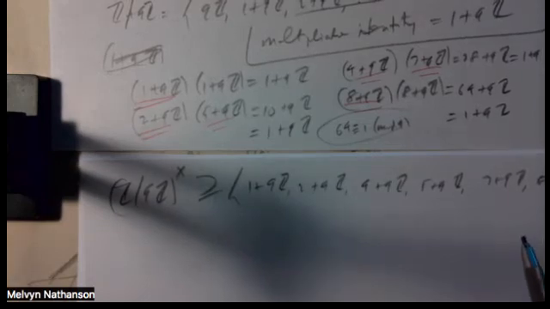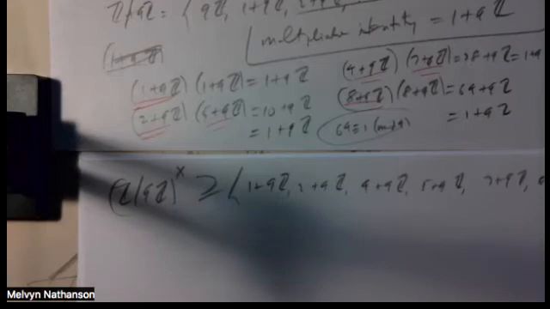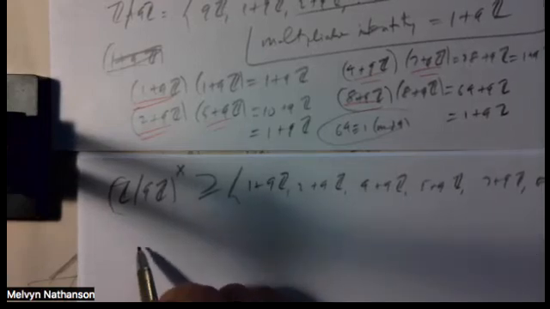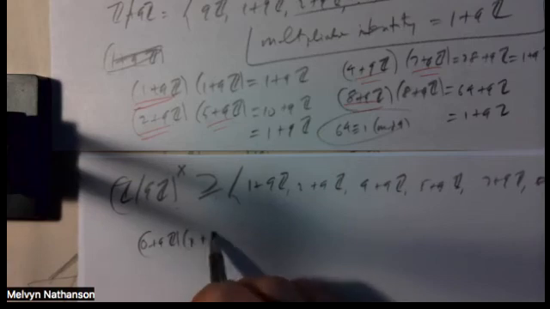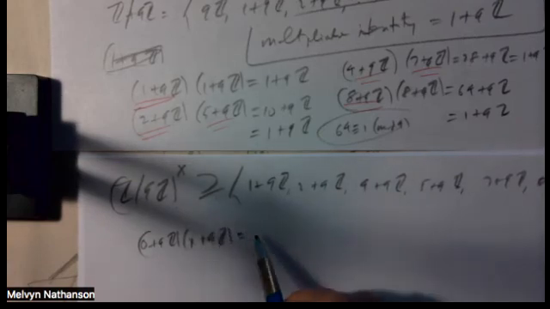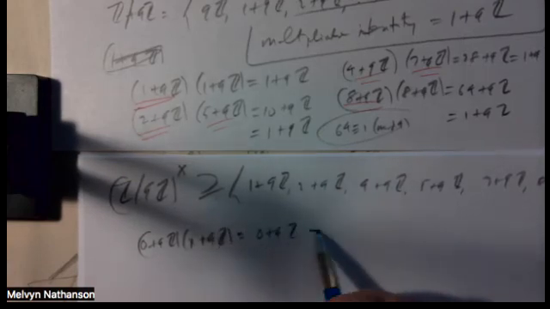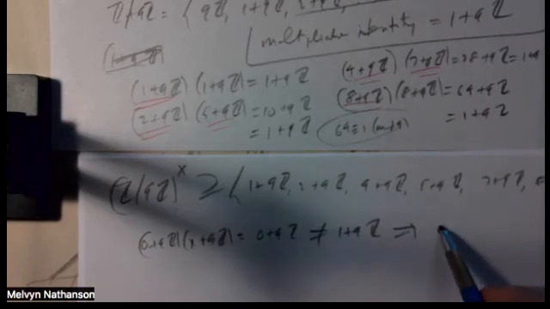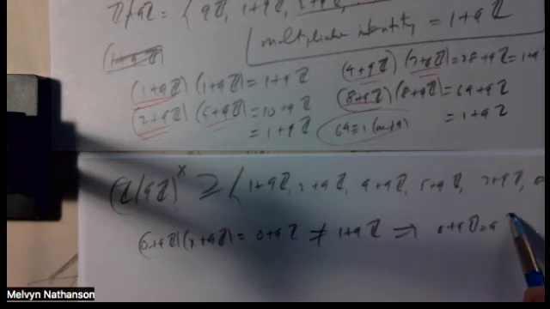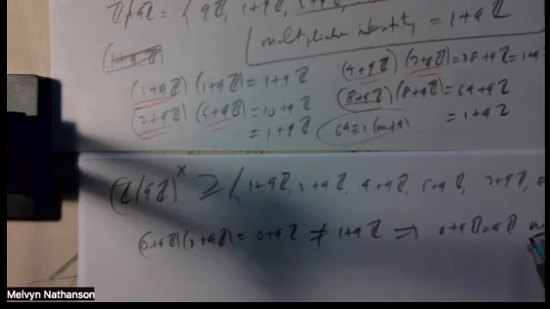What is missing? Well, 0, 3, and 6. So 0 plus 9Z times any x plus 9Z is 0 plus 9Z. It's definitely not 1 plus 9Z. So 0 plus 9Z is not a unit. That's clear.